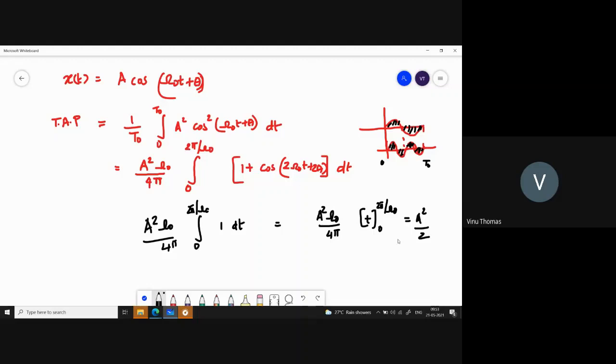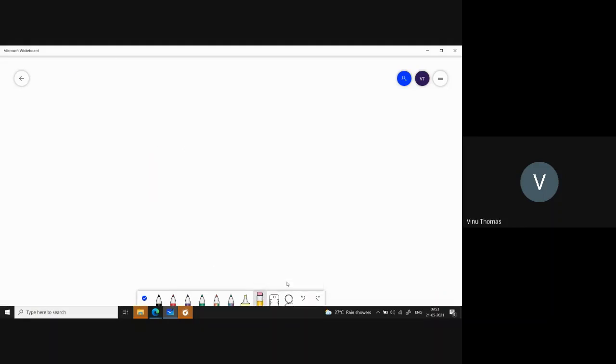Therefore you can evaluate the total average power of any sinusoid that evaluates to 1 by 2. Okay, so let us move on to another question. Let us check whether the following signal is an energy signal or a power signal.